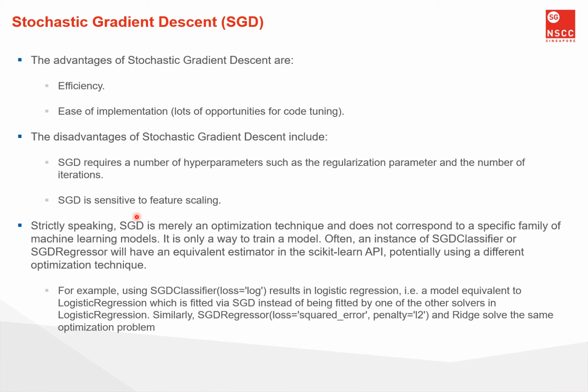So strictly speaking, SGD is not a machine learning algorithm. It's actually an optimization method. So you can apply this optimization method to different machine learning algorithms. And in fact, SGD has been around for a long time, but it's only more recently that people start paying attention to it because of its usefulness in handling this kind of partial fitting problem, right?